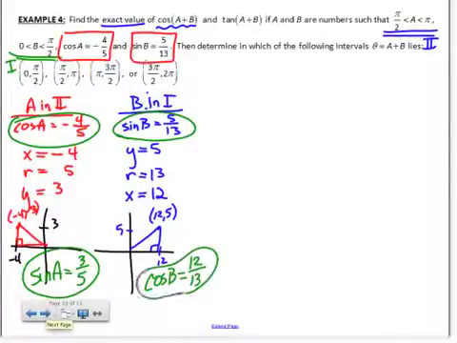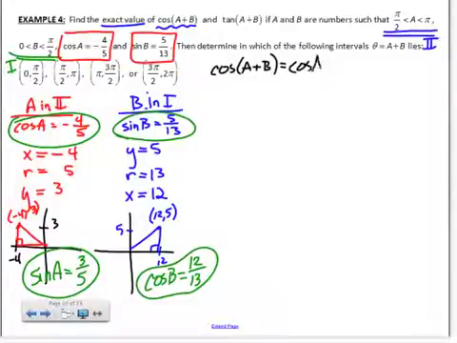Okay, so now we have everything we need, and here we go. We are going to, first of all, find the cosine of A plus B. Once again, always write out the formula first. Cosine A cosine B, C stands for change the sign, sine A sine B. Now we're going to substitute all of those values that we have found.